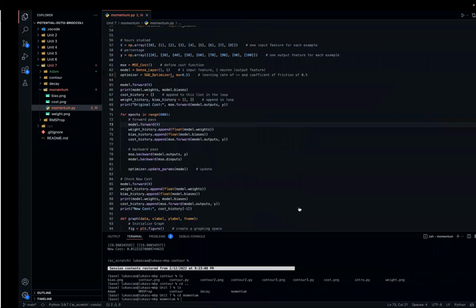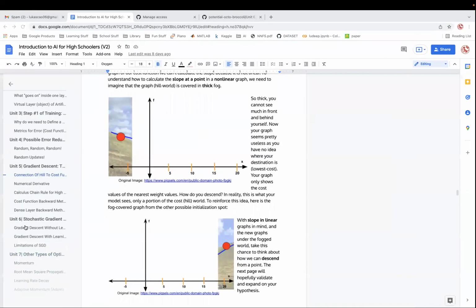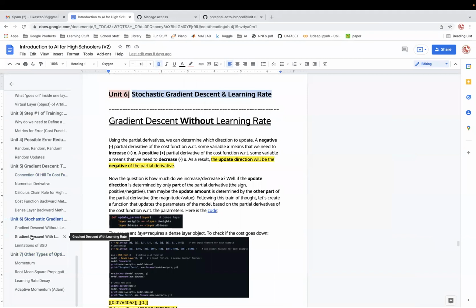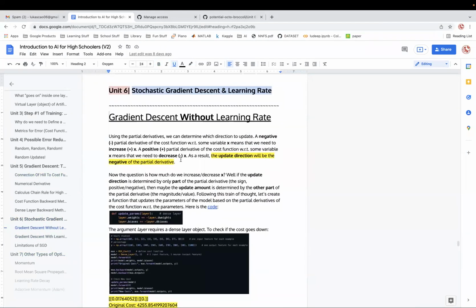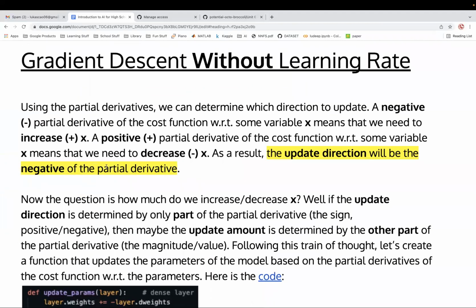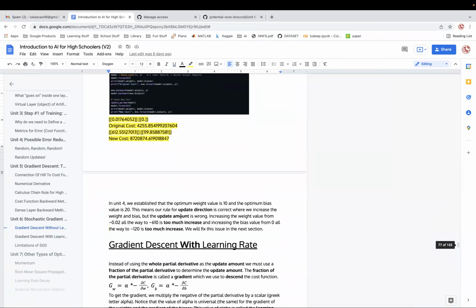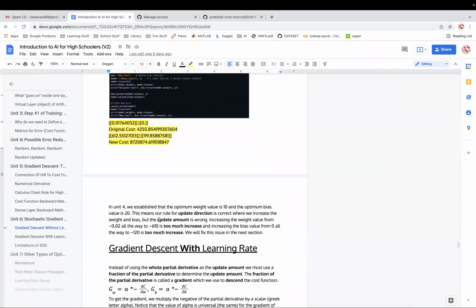But the learning rate controls how much. Because we get the partial derivative, but then you need to figure out how much to use. If you use only the partial derivative, you remember from last time, you're gonna update way too much. So we need to take a fraction of the partial derivative.